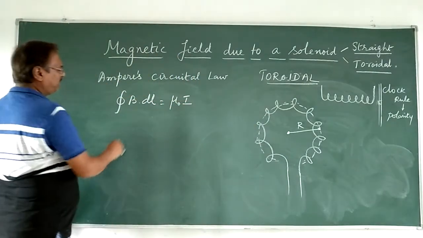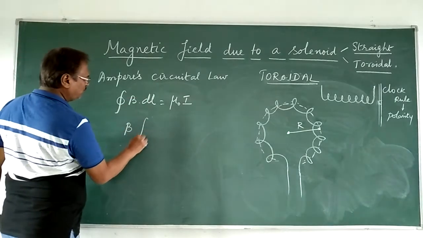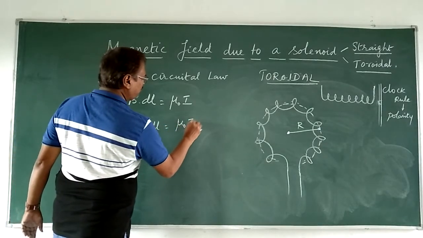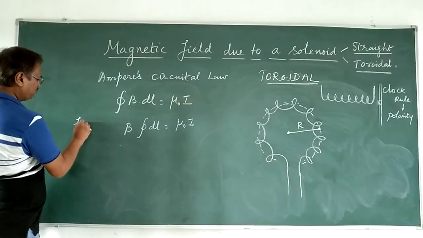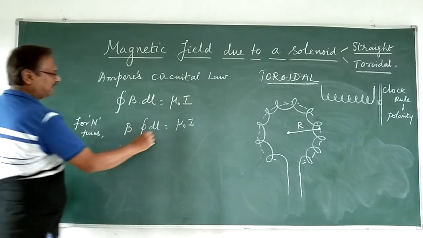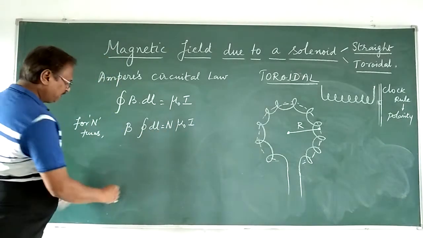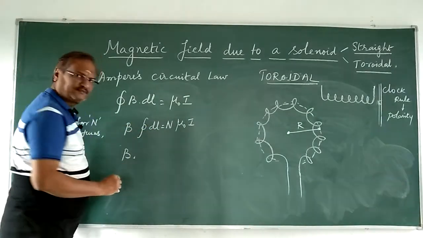Okay, now we got the formula, ampere circuital law. So B into integral dl is equal to mu naught into I. But when you have n turns, for n turns, the formula will become n times mu naught I. Okay, now that is B into integral dl.